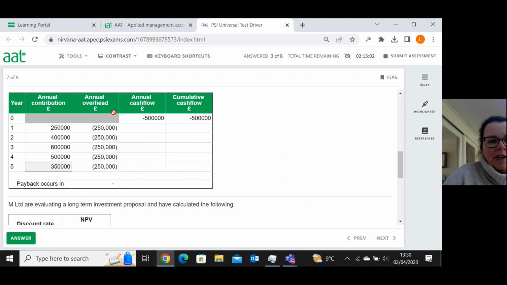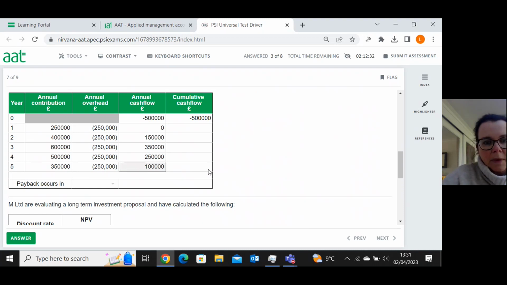Right, so the annual cash flow will just be the contribution take away the overhead. So 0 in year 1, 150 in year 2. 600 take away 250 is 350. 500 take away 250.